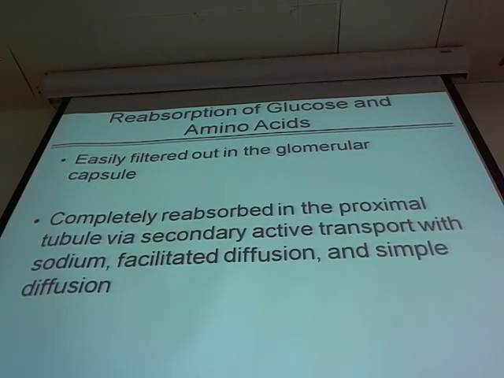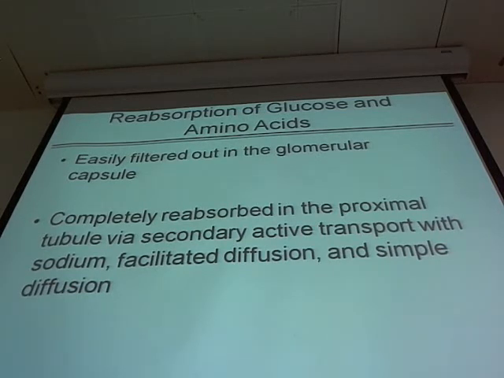Reabsorption of glucose: easily filtered out, completely reabsorbed in the proximal tubule. That's a great test question. Where is glucose reabsorbed? It's reabsorbed in the proximal tubule. Secondary active transport, sodium facilitated diffusion and simple diffusion. As it pulls sodium in, it pulls the glucose in with it.